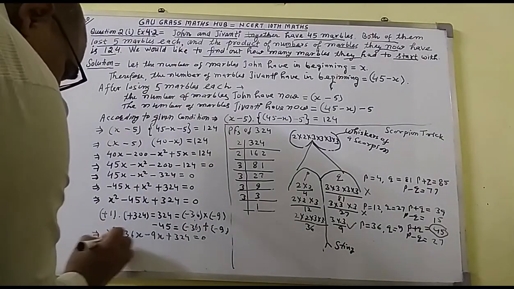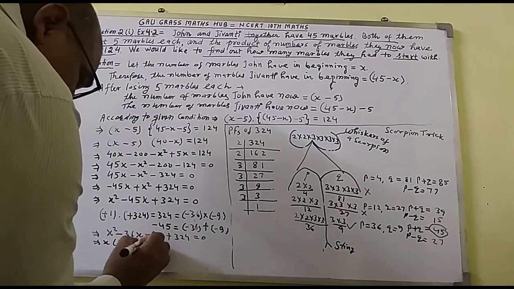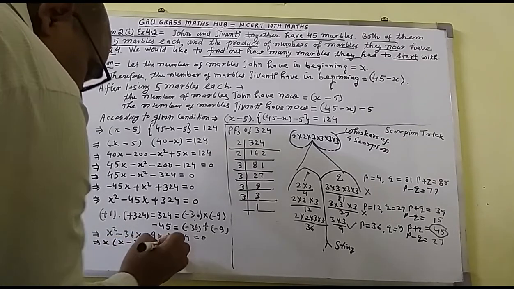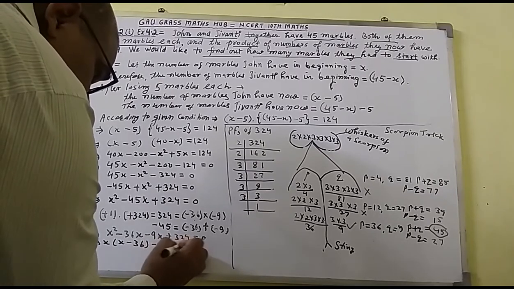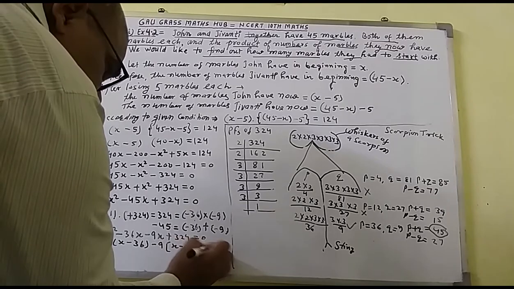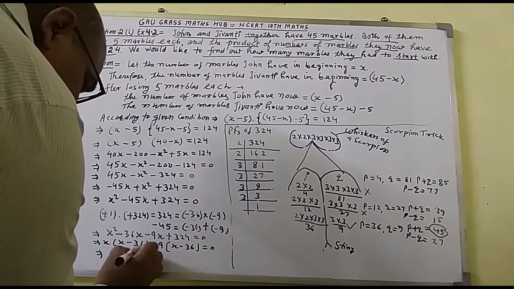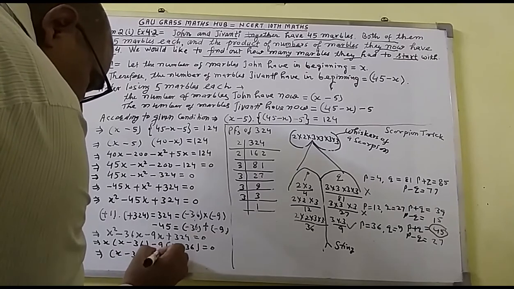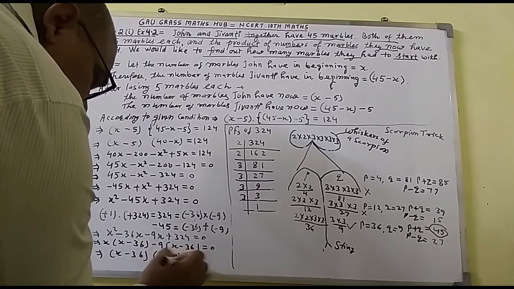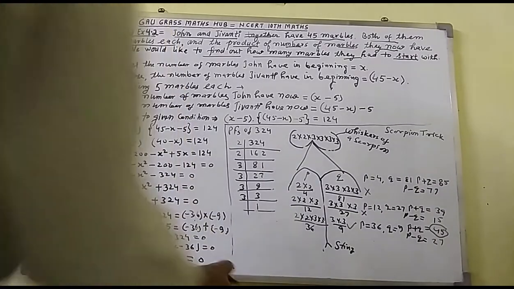Here you can take x as common. In the first bracket you will get x minus 36. If you take minus 9 common, you will get x minus 36 equal to 0. So in one bracket it will become x minus 36, and in another bracket x minus 9 equal to 0. Now come to the next.